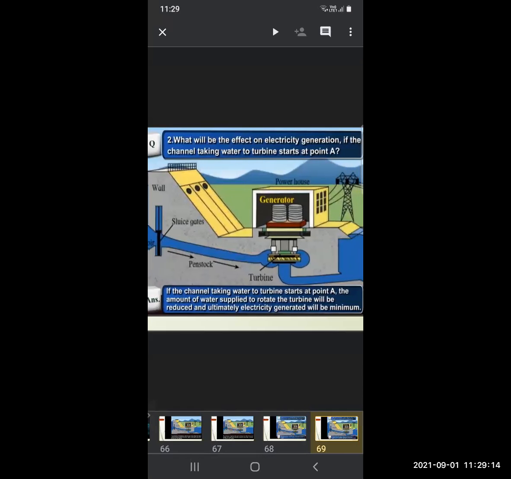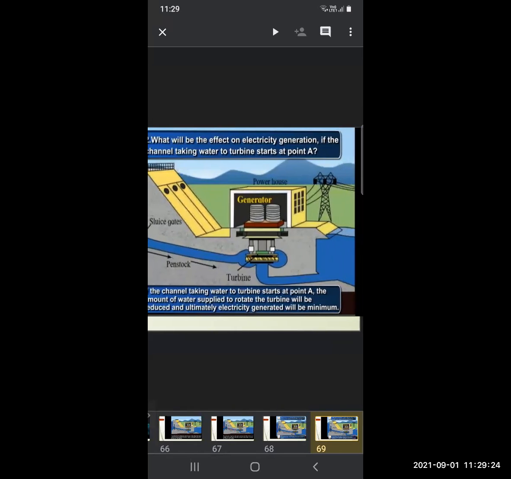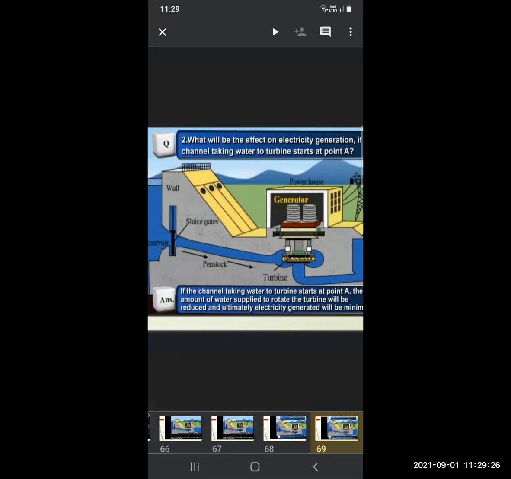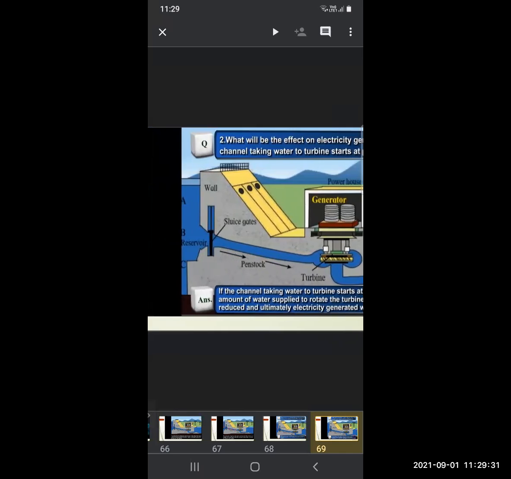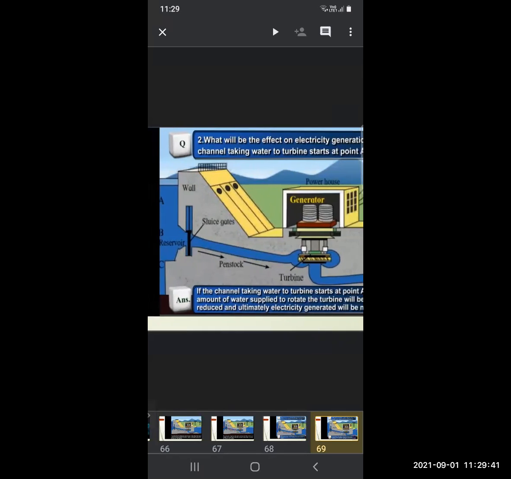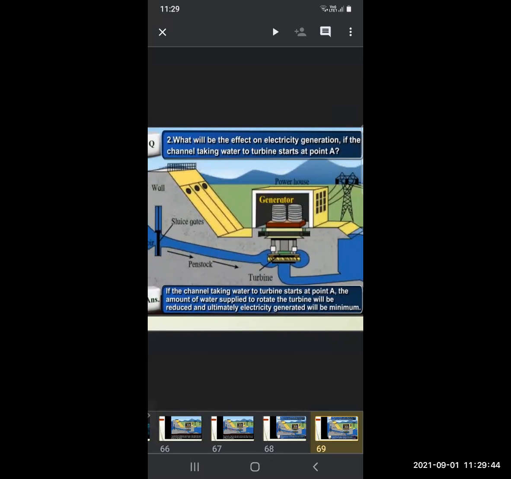If the channel taking water to the turbine starts at point A, the amount of water supplied to rotate the turbine will be reduced and ultimately the electricity generated will be minimum. That's why it is coming from point B.